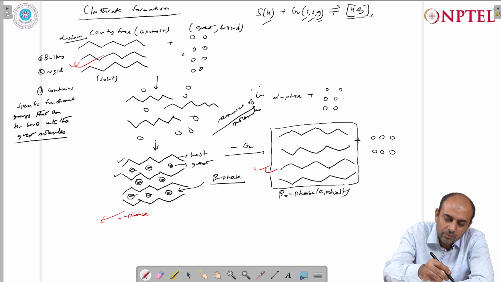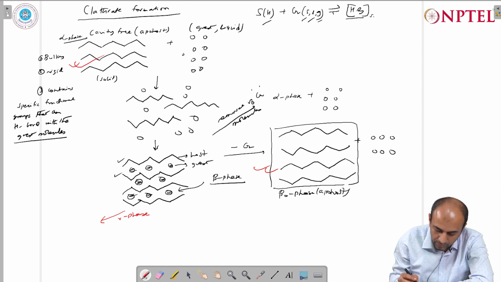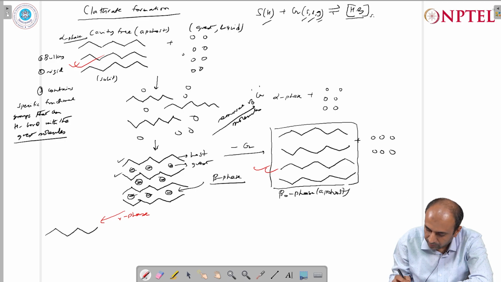which is formed when you remove some of the solvent molecules. Now when you remove some of the solvent molecules, you will have a different arrangement. Let us see that arrangement.